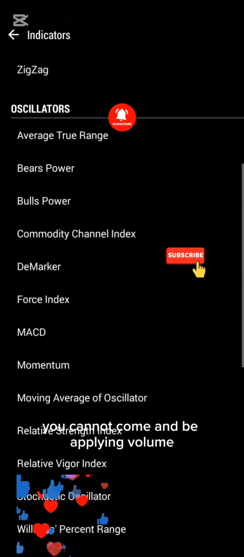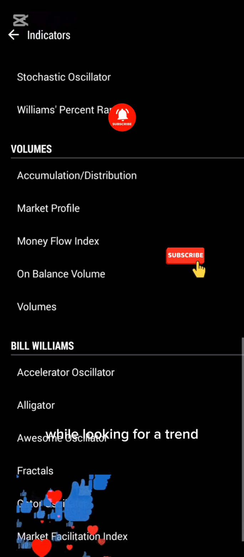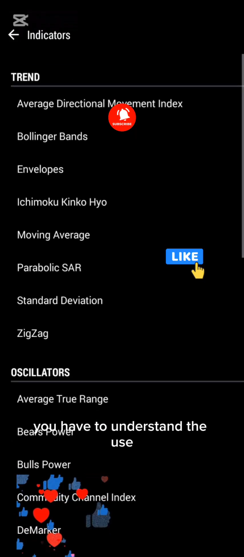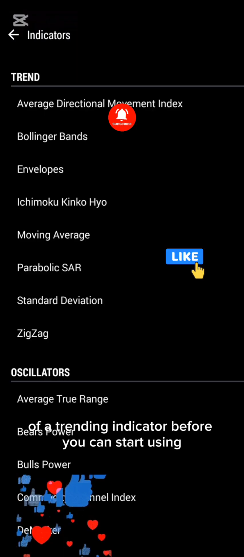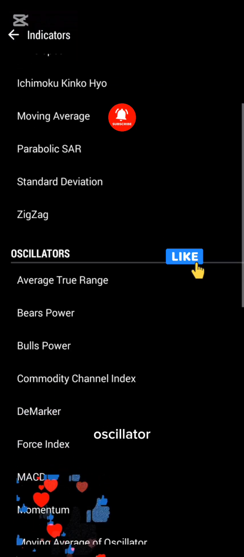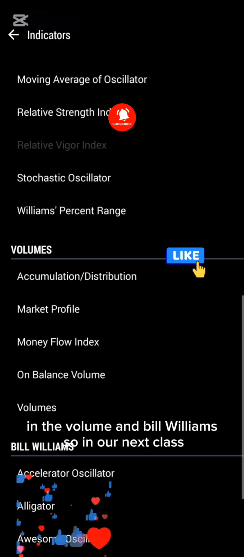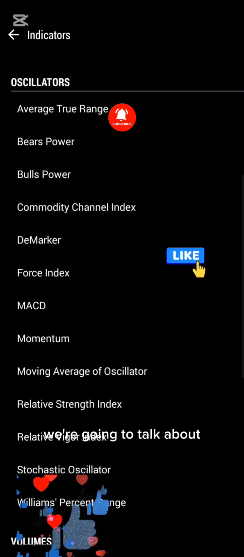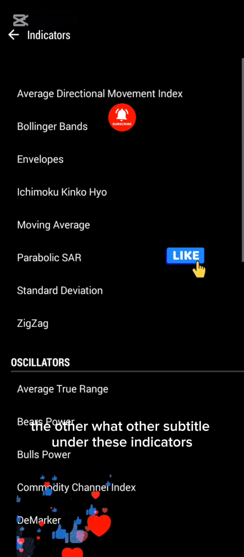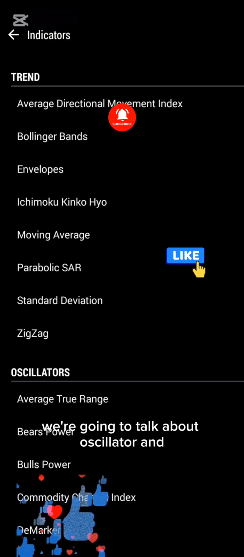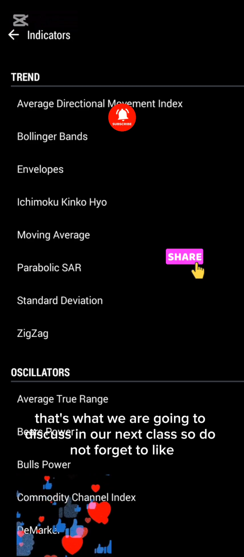You cannot come and be applying volume while looking for a trend. You have to understand the use of a trending indicator before you can start using oscillators, volume, and Bill Williams. So in our next class we're going to talk about the other subtitle under these indicators. We're going to talk about the oscillators, and that's what we are going to discuss in our next class.